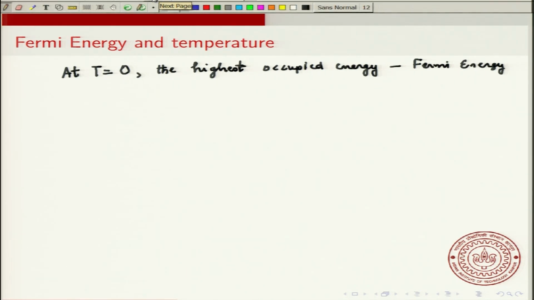Now obviously, if you have temperature, then you have some excitation of electrons. But the easiest way to define the Fermi energy is through T equal to 0. At finite temperature, you have excitation of some electrons to higher energies.